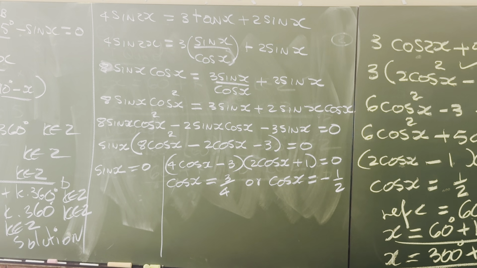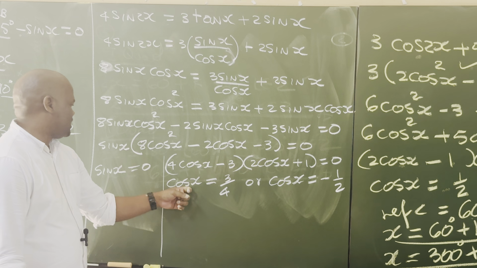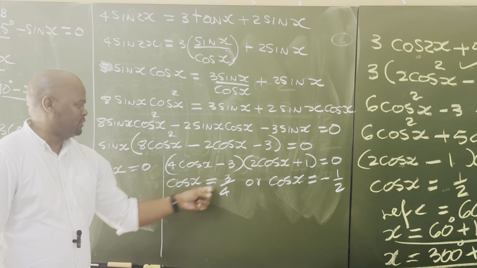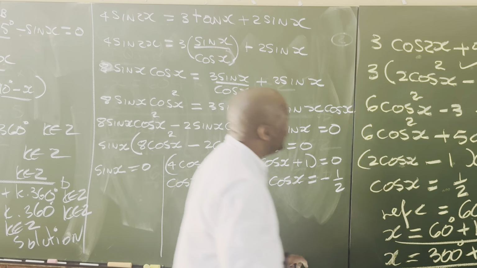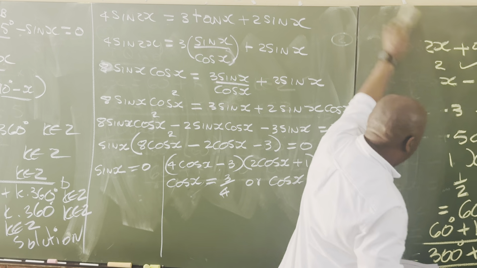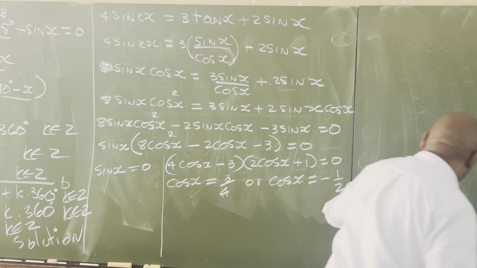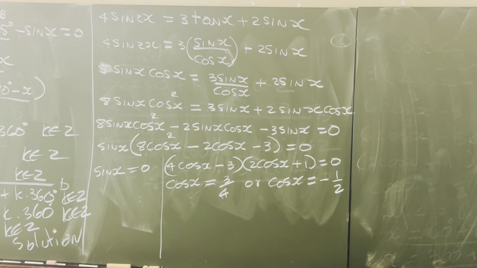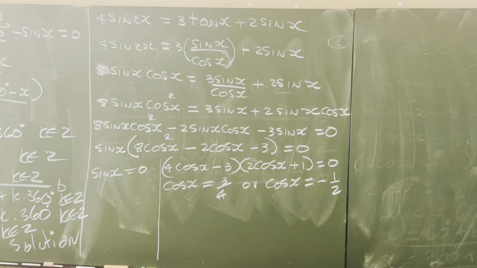But in an exam, you'll find that maybe they'll say cos x is greater than 0, which means you won't be required to find the solution for this. But now, since we don't have the restriction, let's go ahead and find the general solutions for all three.